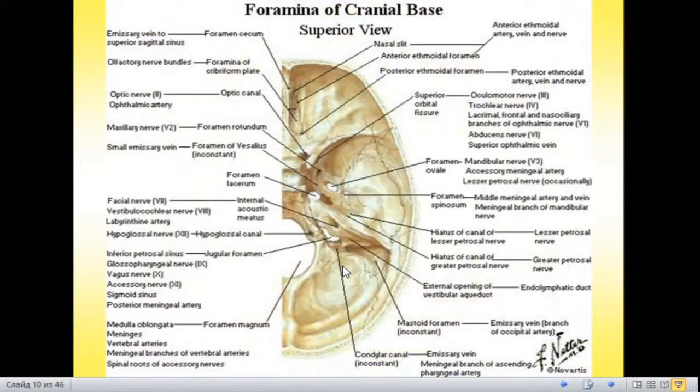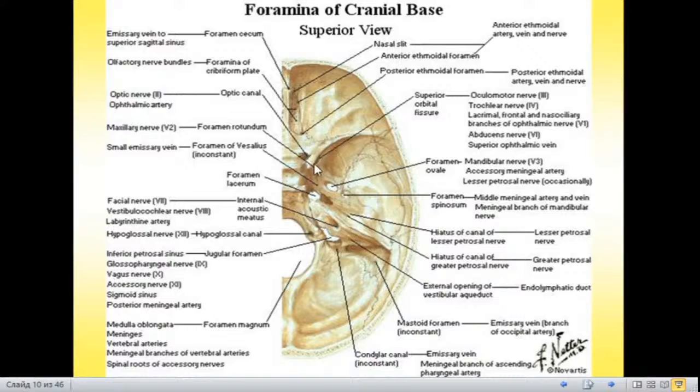Besides that, you have to know the sites of exit or entering of cranial nerves at the cranial base, and we will mention them from 1st to 12th. The first cranial nerve, olfactory nerve, enters the skull through openings in the cribriform plate of the ethmoid bone. Then the second cranial nerve, optic nerve, enters via the optic canal.